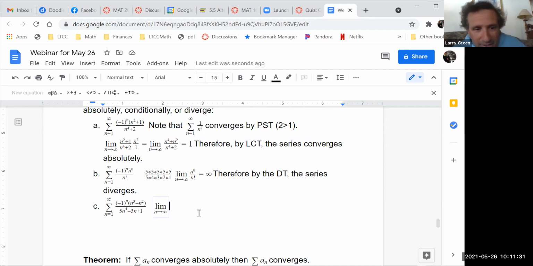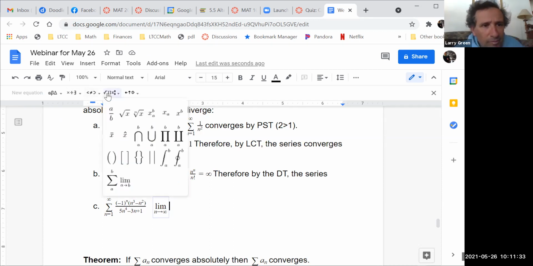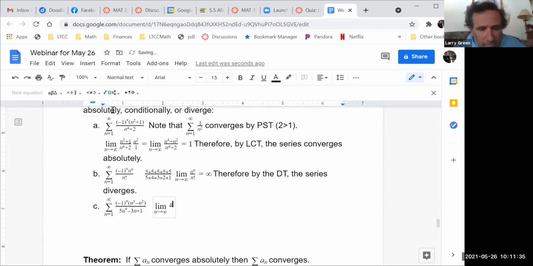You get n cubed minus n squared, oops, that 2 should be a 3, over 5n to the 4th minus 3n plus 1.